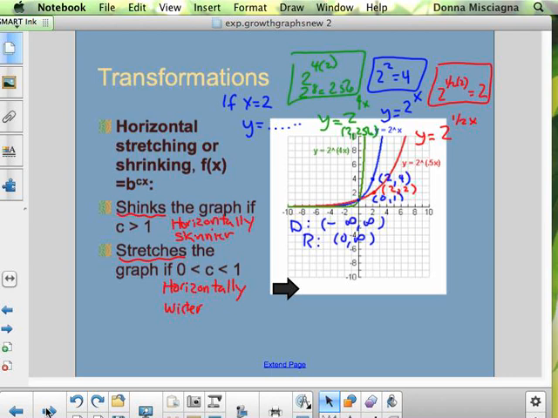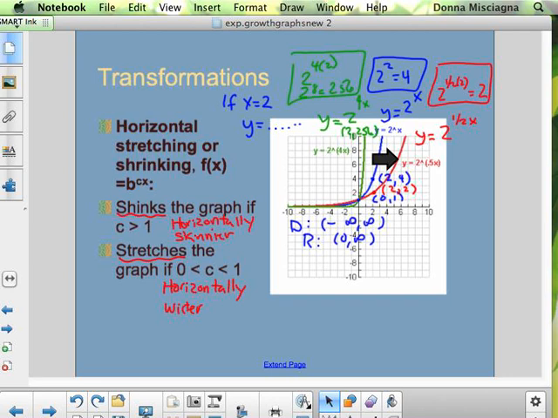All right, so the blue graph there is y equals 2 to the x again. The red graph is y equals 2 to the 1/2 x. With that 1/2 as a coefficient on the exponent, the x values are going to have to be twice as large to get to the same y value.